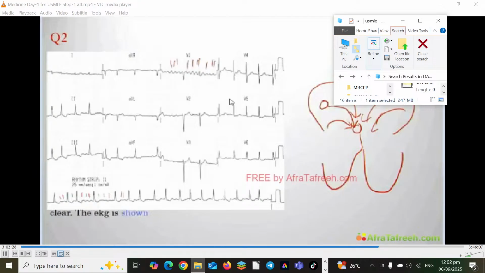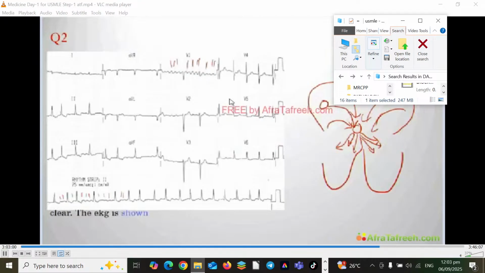It will transmit only some. The AV node will get activated, then go into a refractory period, then again get activated, then go into the refractory period. This is the reason that at irregular intervals it will transmit some of the electricity from the atria to the ventricle, which will present as irregular QRS complexes.